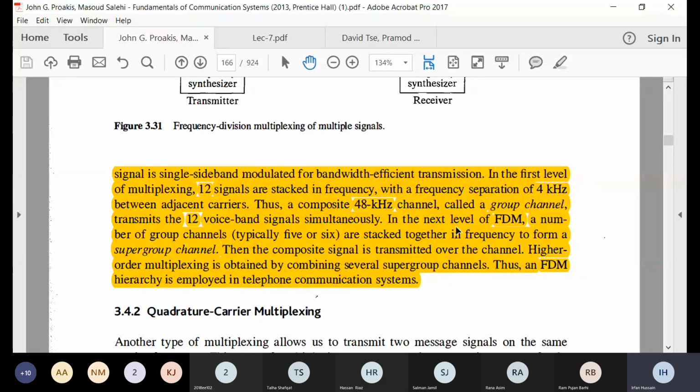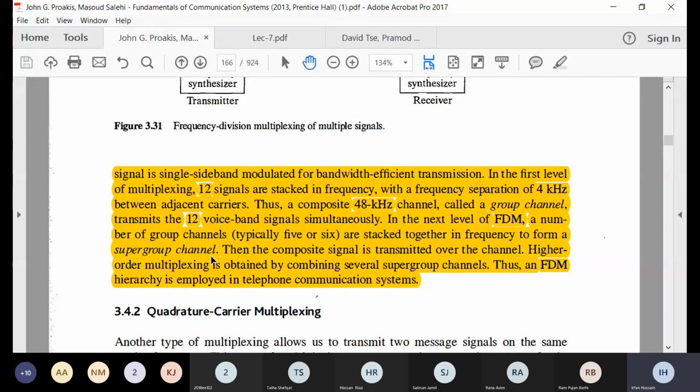Then this group channel is again grouped or stacked together in frequency to form a supergroup channel, which will typically have 5 to 6 groups. So if there are 6, it will have 6 times 48 kilohertz of bandwidth, roughly more than 300 kilohertz. Then this is transmitted over the channel.